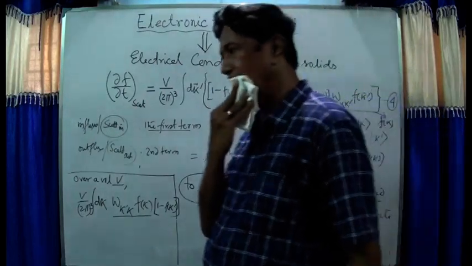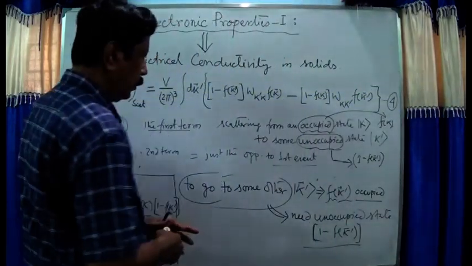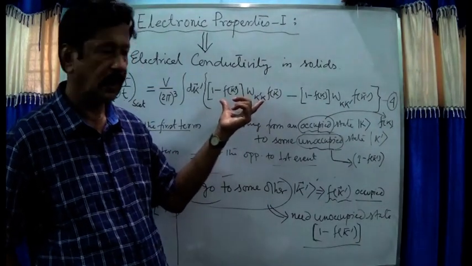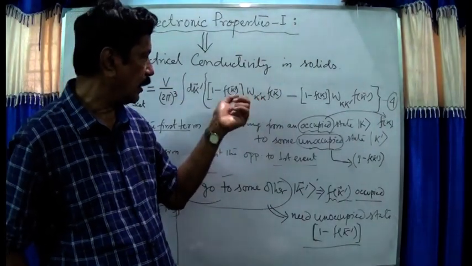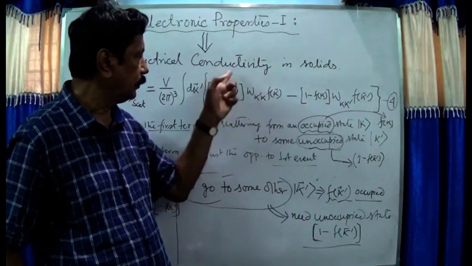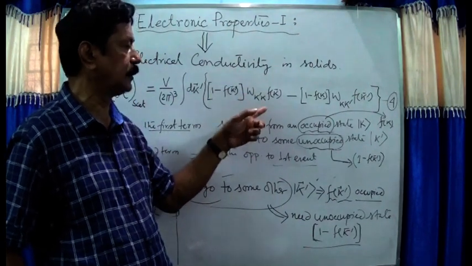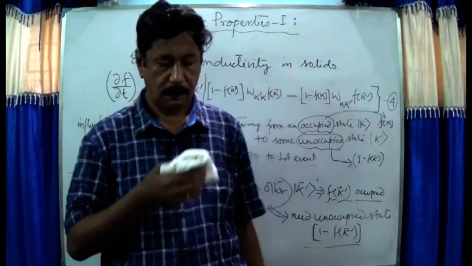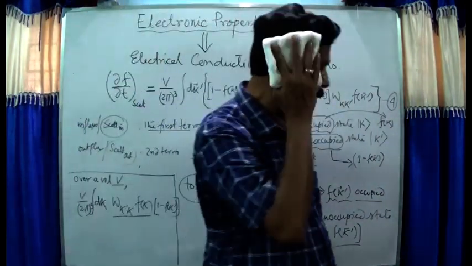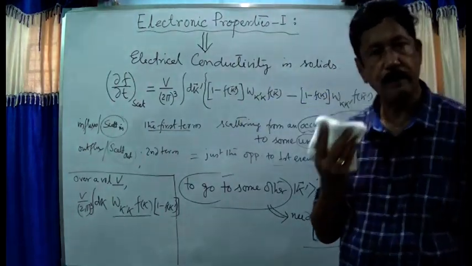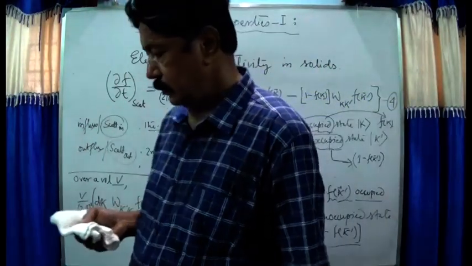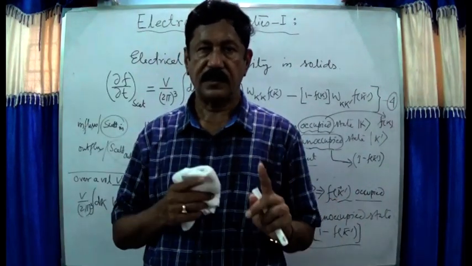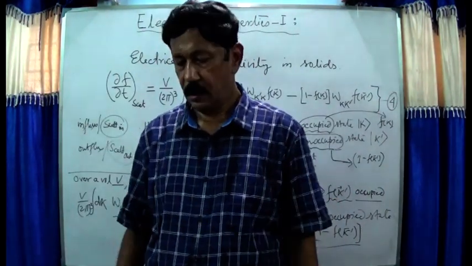Complication is still there due to the integration of these factors, and for that difficulty, we shall now pass over to some approximation method, that is your relaxation time approximation.